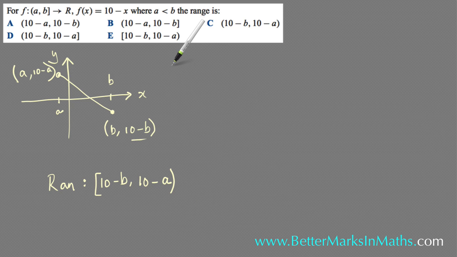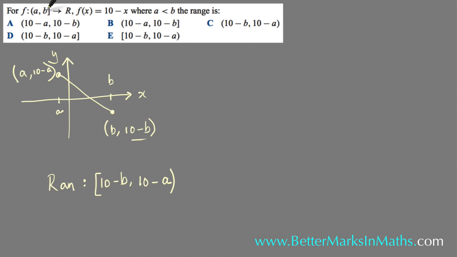Always, with this type of question, when you're finding the range and they give you information in this form, if the domain is restricted, you really have to look at the graph to see what's happening. It's not obvious just from the simplicity of the function; it's just a straight line. So a lot of students just say, well, I'll sub a and b in.